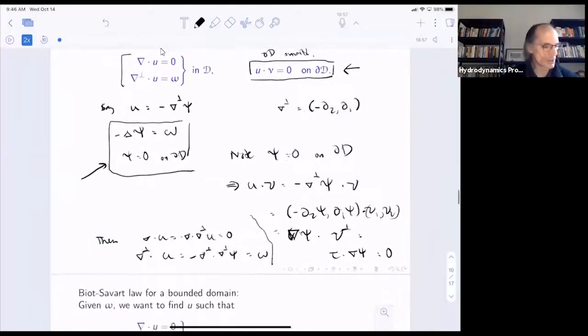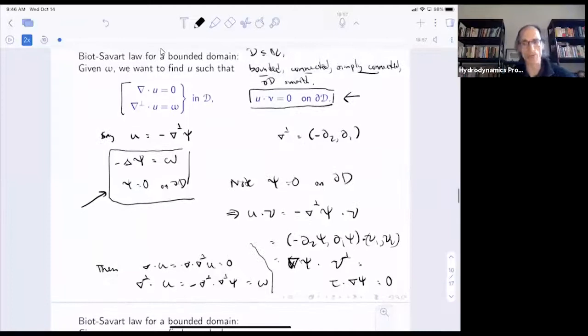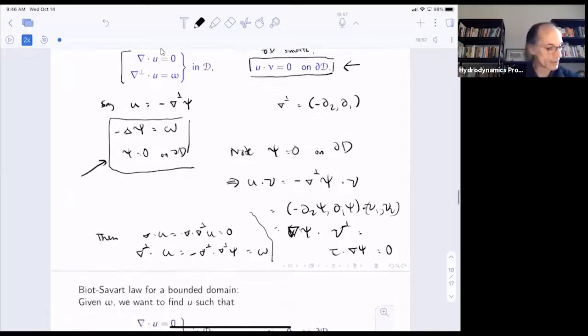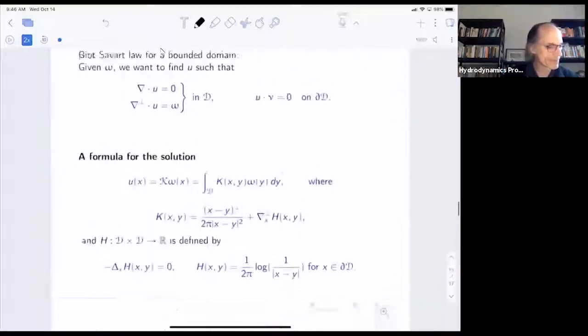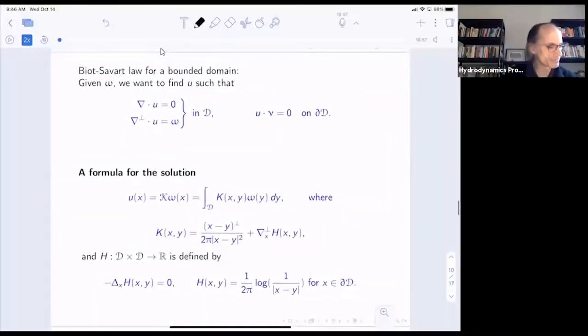Okay, and so using this, I want to write down an analog of the Biot-Savart formula on a bounded domain, a smooth boundary with these boundary conditions. And here, I guess I'll just write it down.